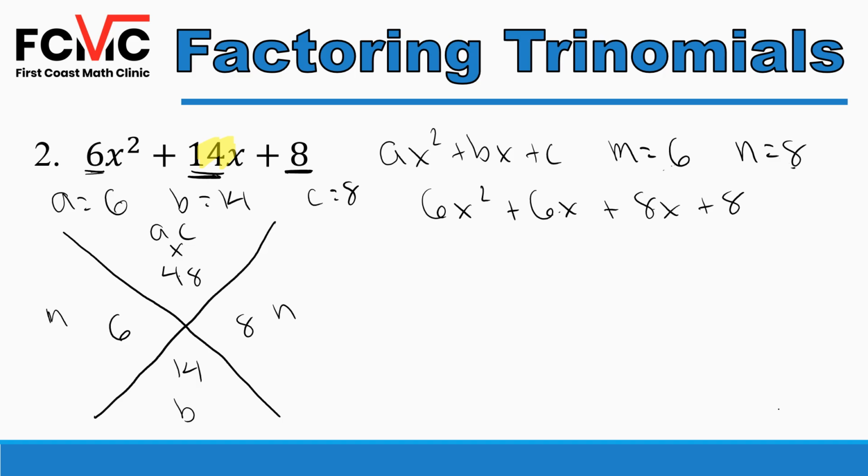So now let's factor out the first two terms and the last two terms. So 6x squared plus 6x. Well, 6x squared, this is just 6 times x plus 6 times x. Well, what can I pull out of here? I have a 6 and an x, a 6 and an x.